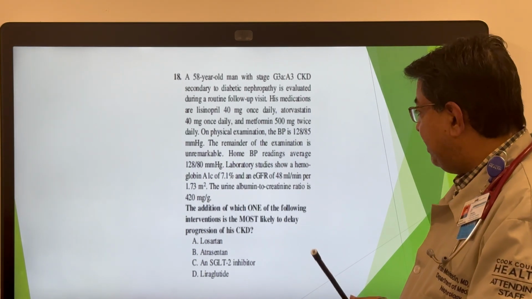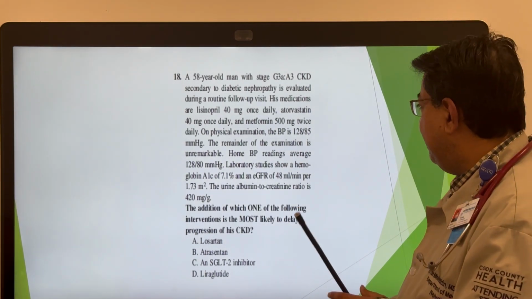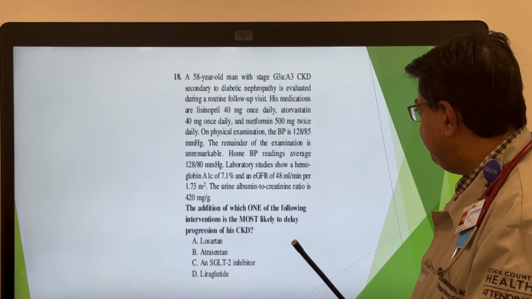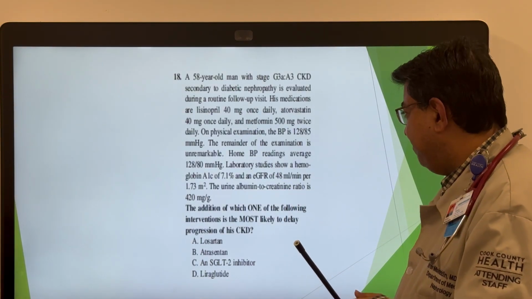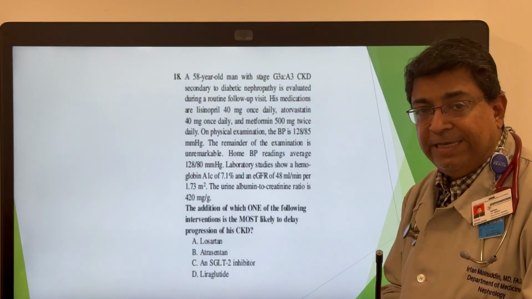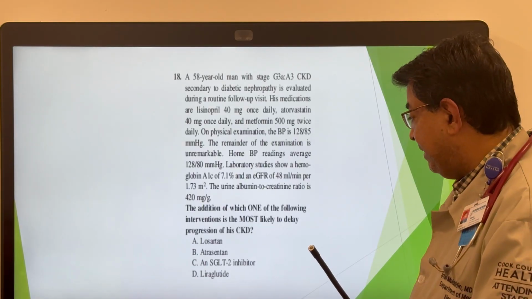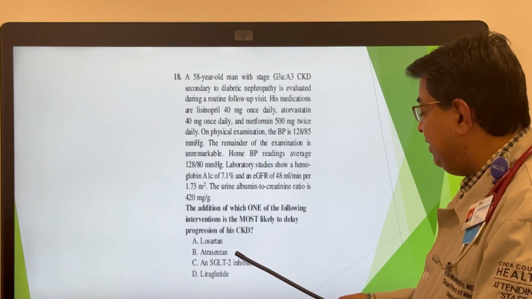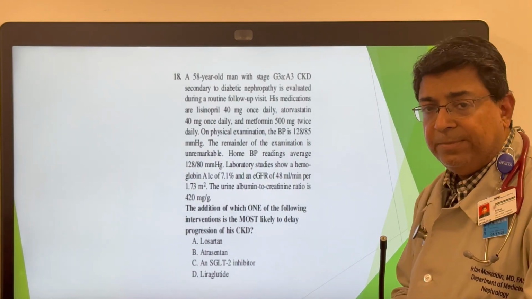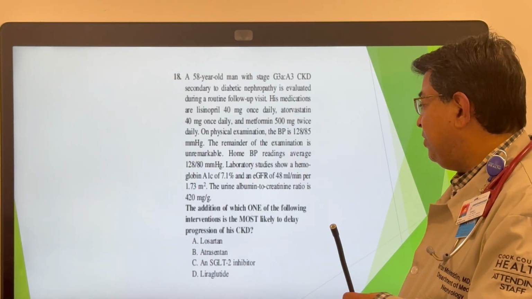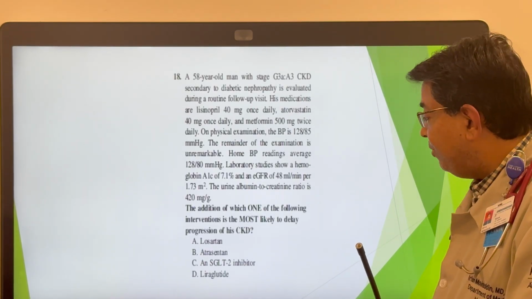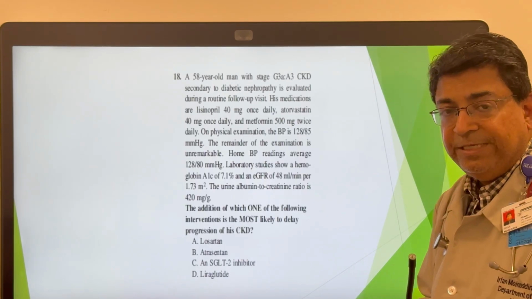Would you use losartan? So the patient is already on lisinopril 40 milligrams daily. So a combination of ACE inhibitor and ARB is not recommended. And SGLT2 inhibitor with the latest surge in data should be used to prevent progression of CKD.